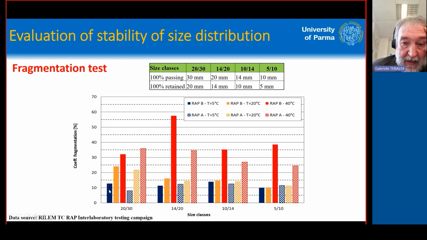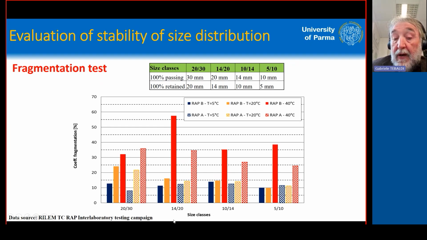You can see here that when changing the temperature, there is a change of the coefficient of fragmentation that is very similar in the class 20-30, but is totally different at the smaller size, the class 5-10, and again is even different at 40-20.